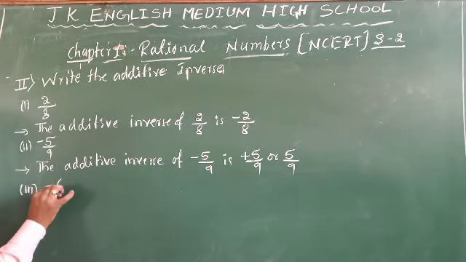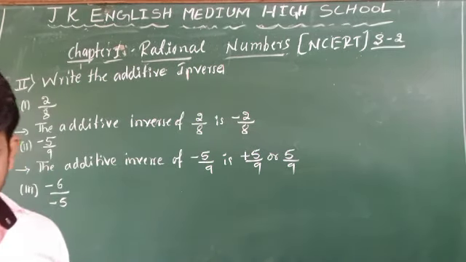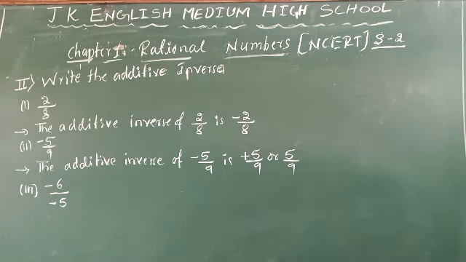Third question, minus 6 divided by minus 5. So both the sides we are having the minus signs. Correct? So what to do? Don't cancel them, just change the sign.